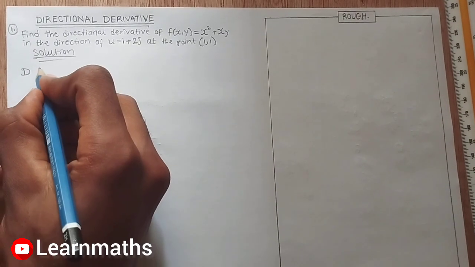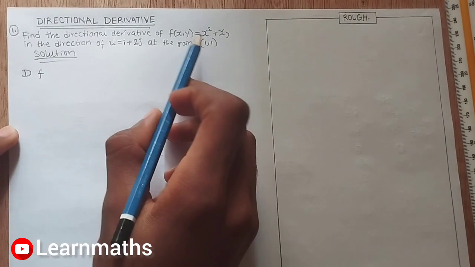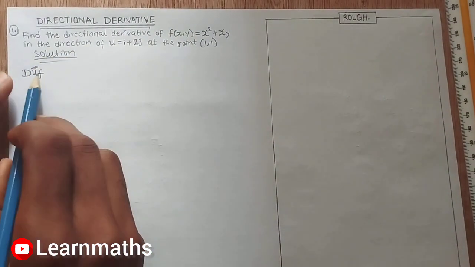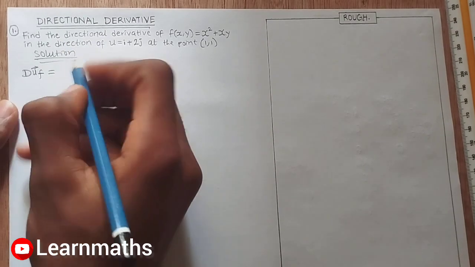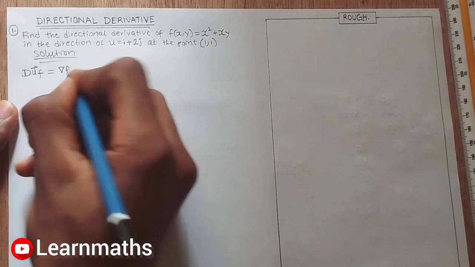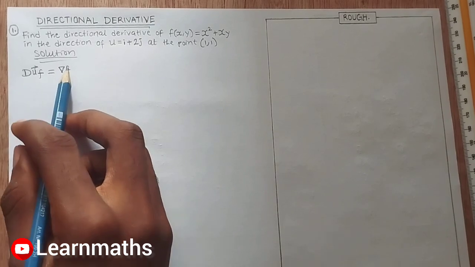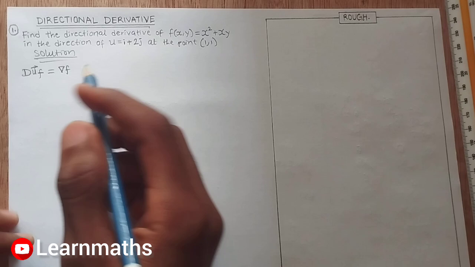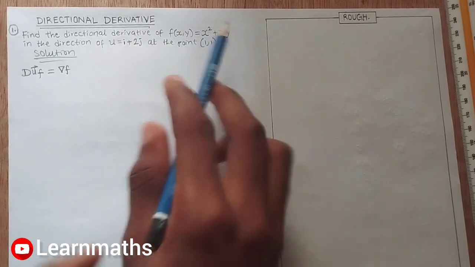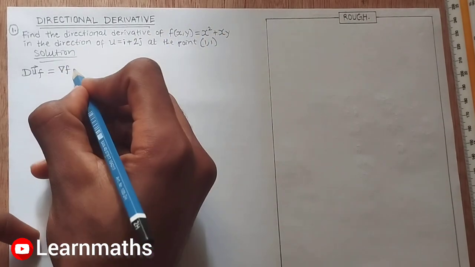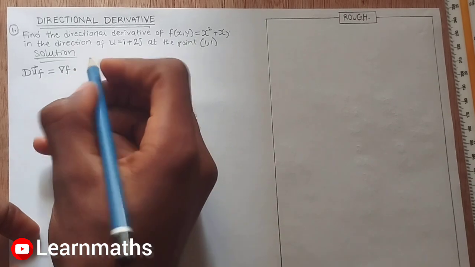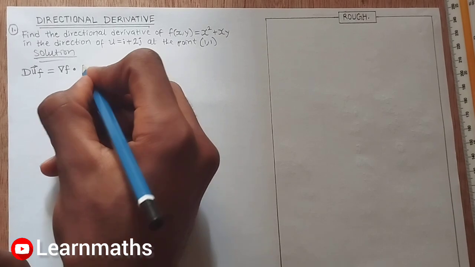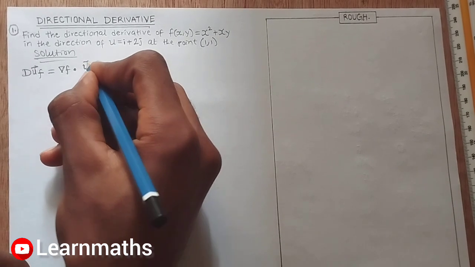The directional derivative of this function f in the direction of the unit vector u is simply the gradient of the function f, which we just finished doing in the previous video. I believe you've watched. The gradient of this function is multiplied, using a dot product, by the unit vector u.